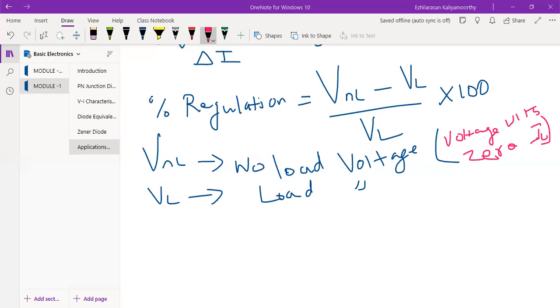Now for the half-wave rectifier, VDC is equal to Vm by pi into RL.